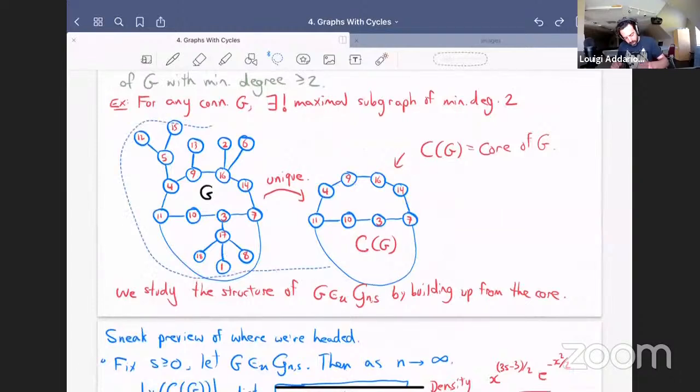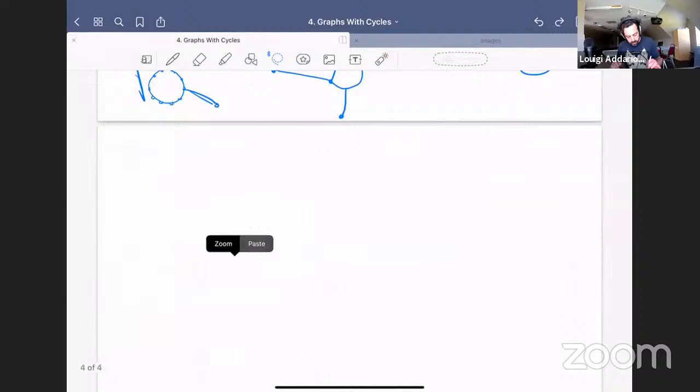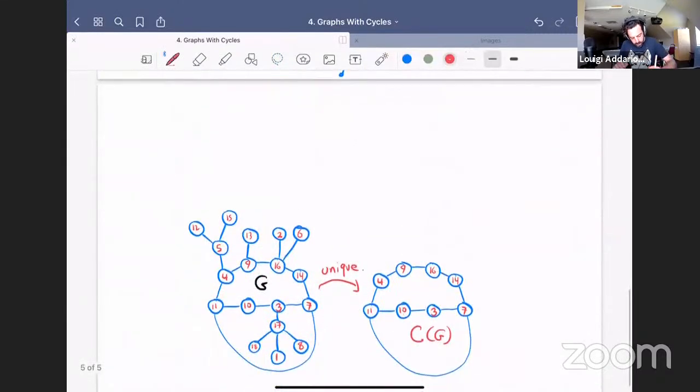So I'm going to take this picture and recycle it for the next observation. Here's the observation.